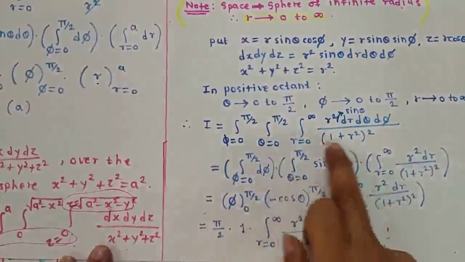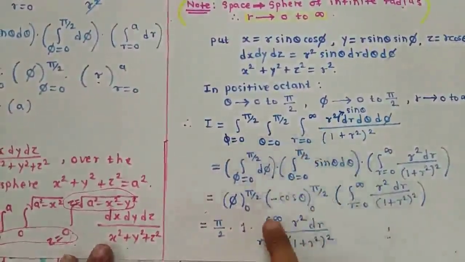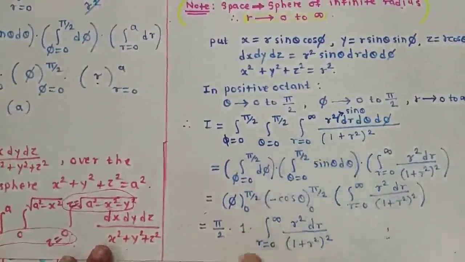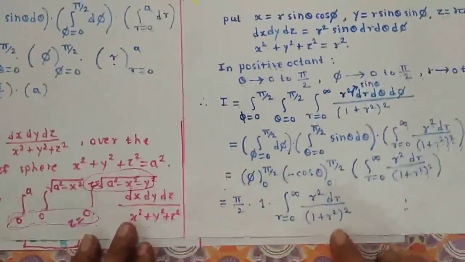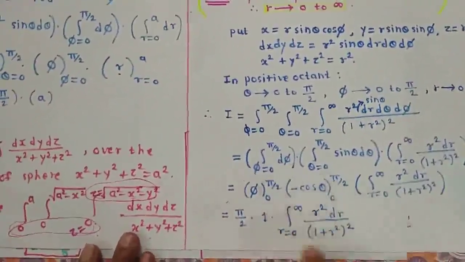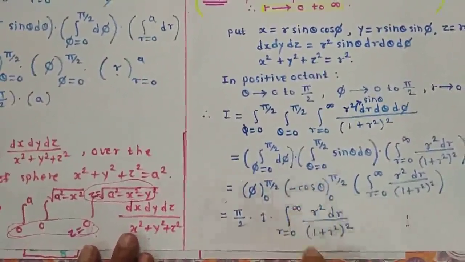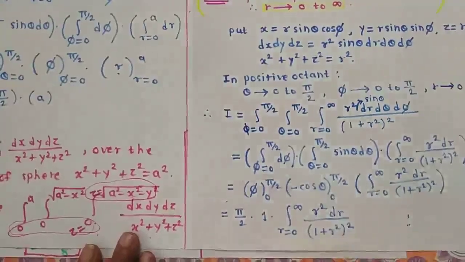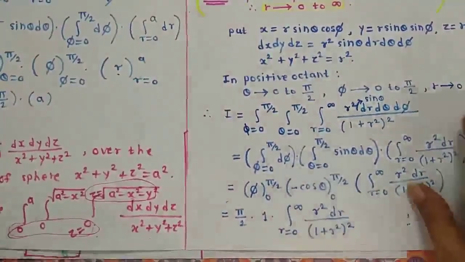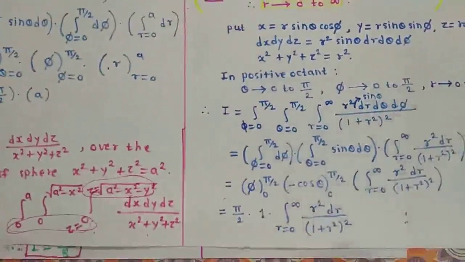The integration of sine theta between 0 to pi by 2 is always 1. Now it is important to evaluate the integration from 0 to infinity of r square dr upon 1 plus r square whole square. And for solving this integration, we use substitution.